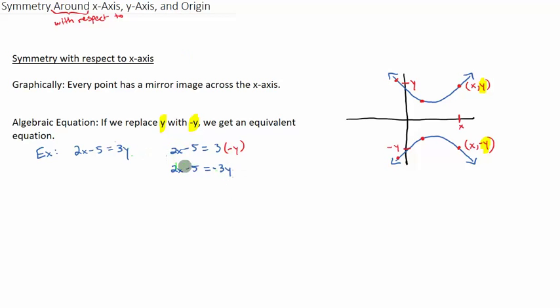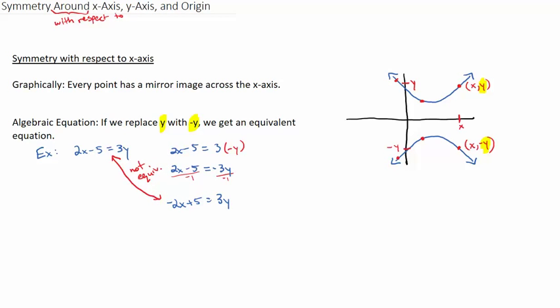Just so I can compare them clearly, I want 3y to be on the right side of this equation also, and then I'll see if they are equivalent. So what I'll do is divide both sides by negative 1 to make this positive 3y on the right. When I do that, I get negative 2x plus 5 on the left, and these two equations, the original and this new one, are not equivalent.